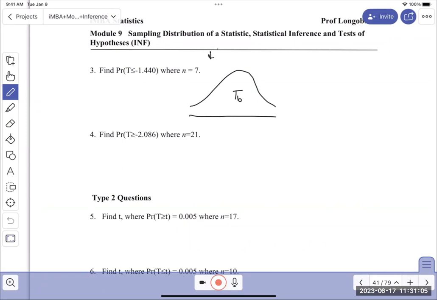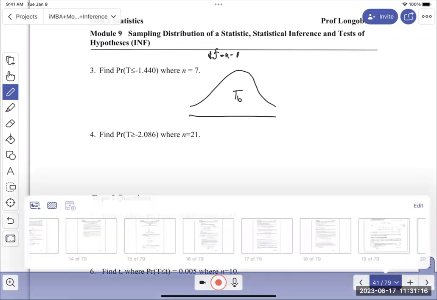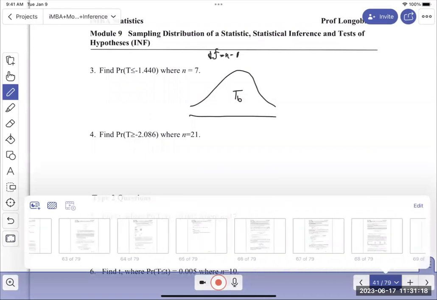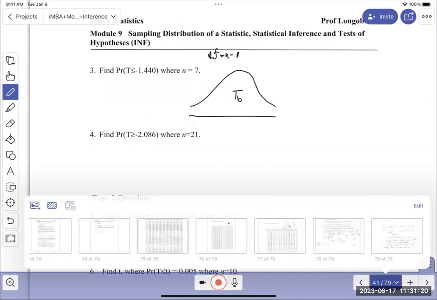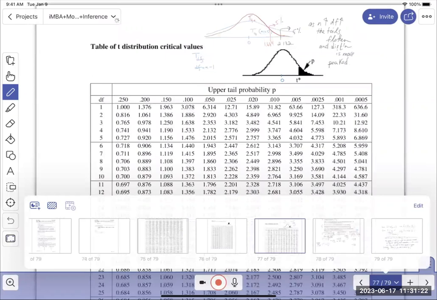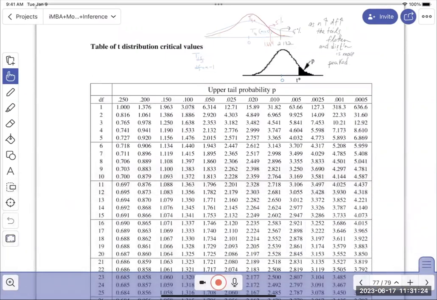Because degrees of freedom equals n minus 1. And let's get the values for T6. So I'll clip that part of the table.